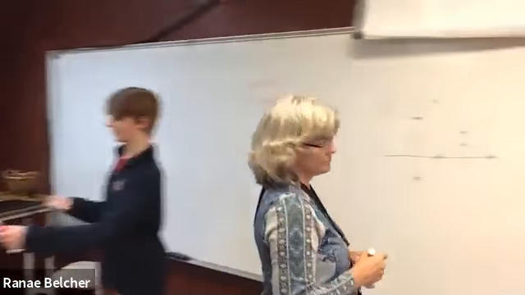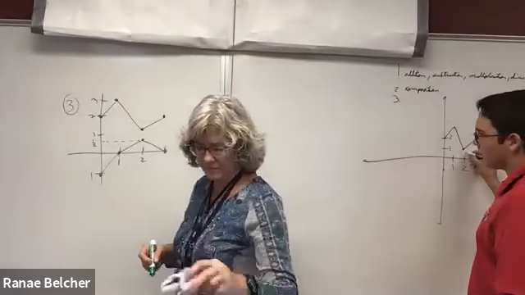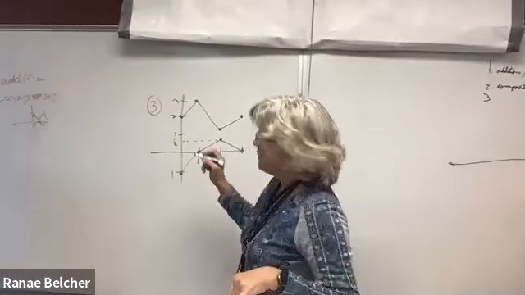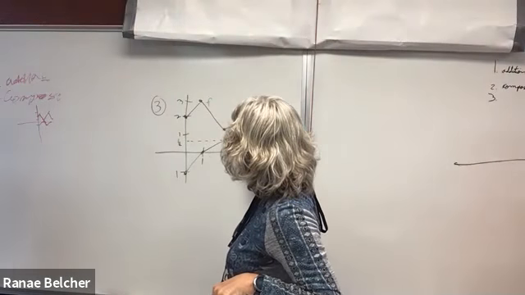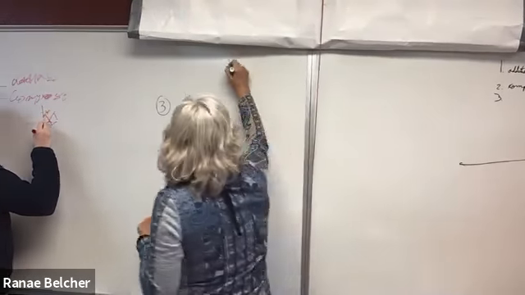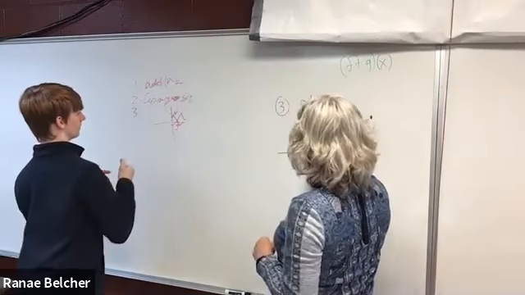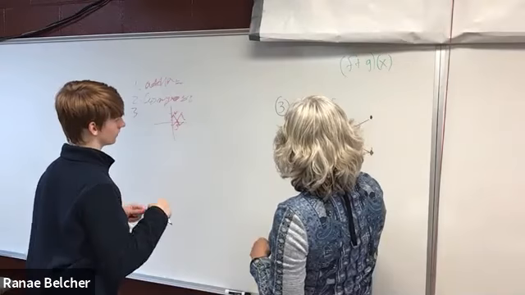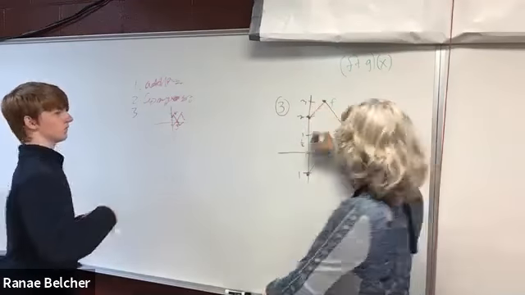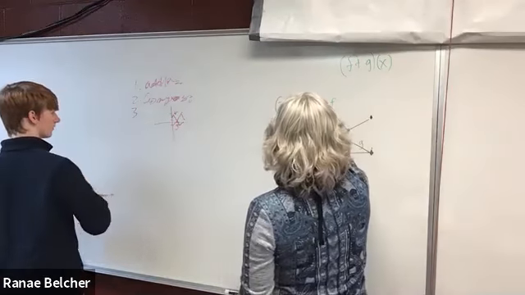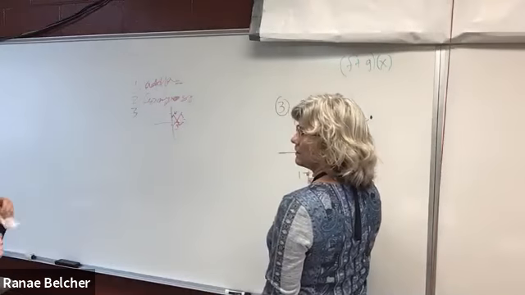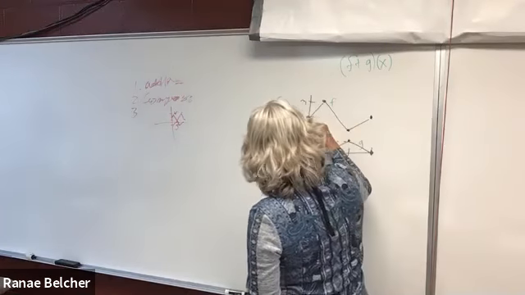They say this one is f and this one down here is g. And so to do f plus g of x, you're going to add. When you got 0 here, you got a -1 and a 2 on the y-axis. What is 2 plus -1? 1. So put a dot there.